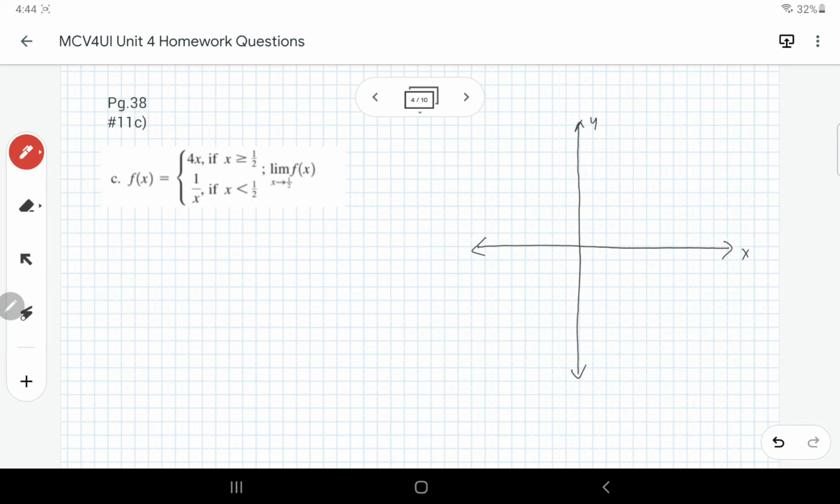For x greater than or equal to 1/2, f at 1/2 is 4 times 1/2, which is 2. So I would have a point there.